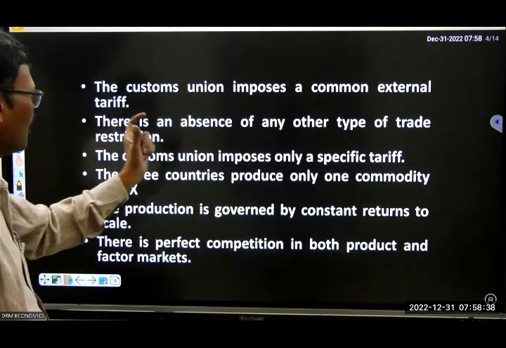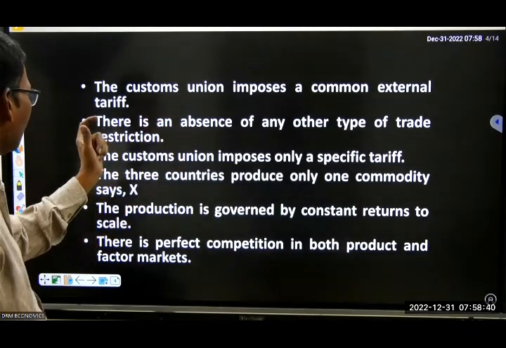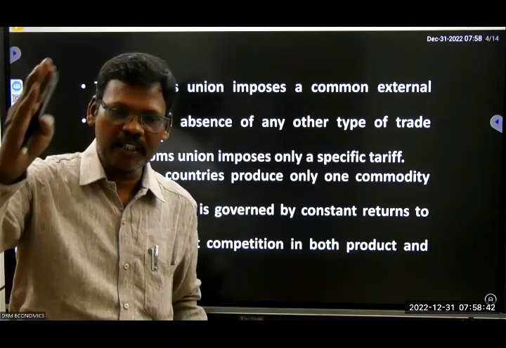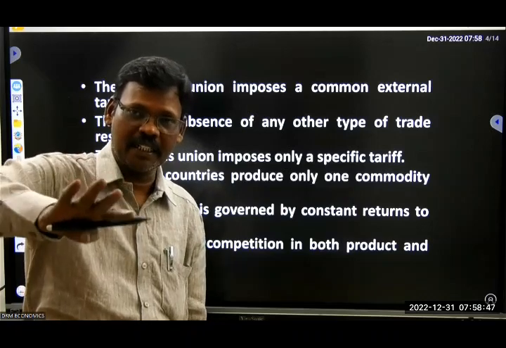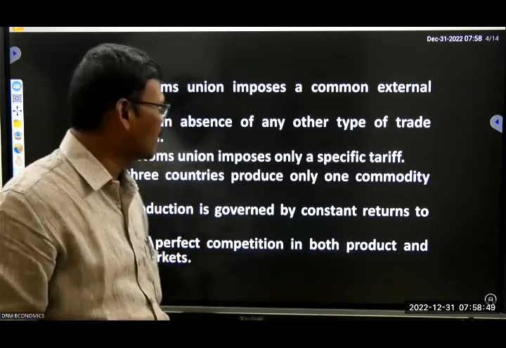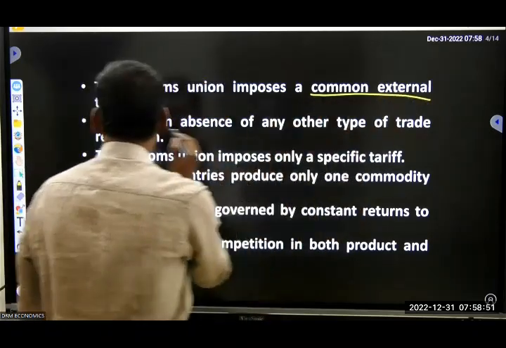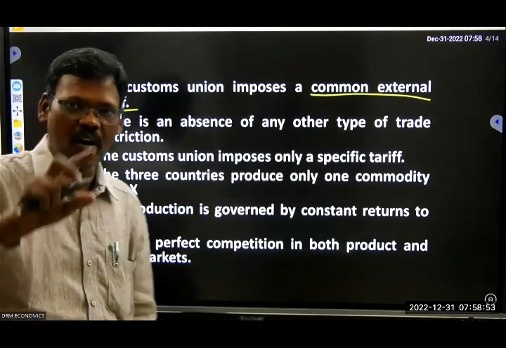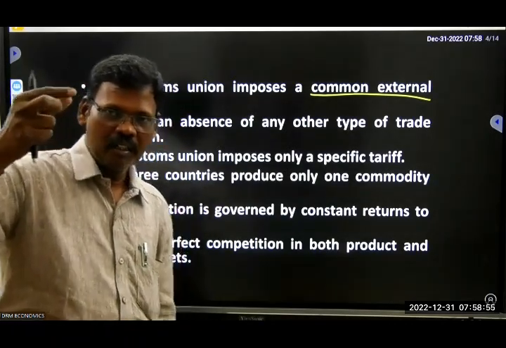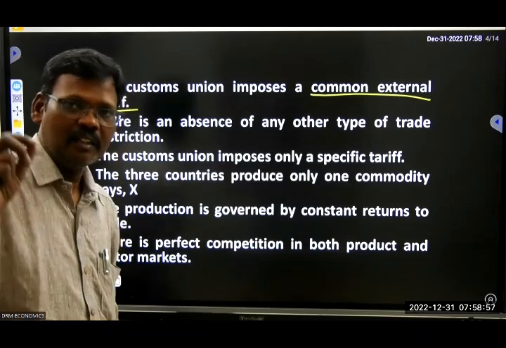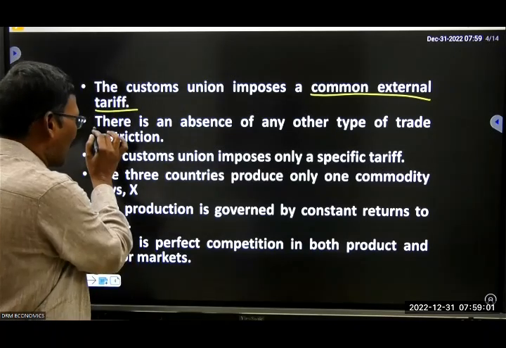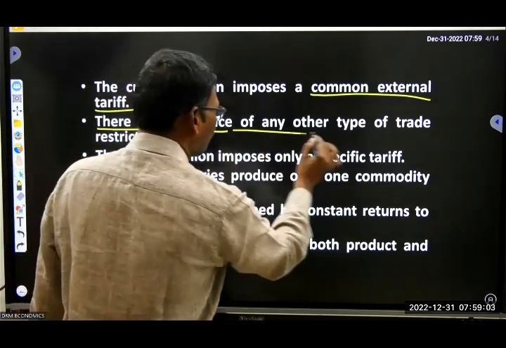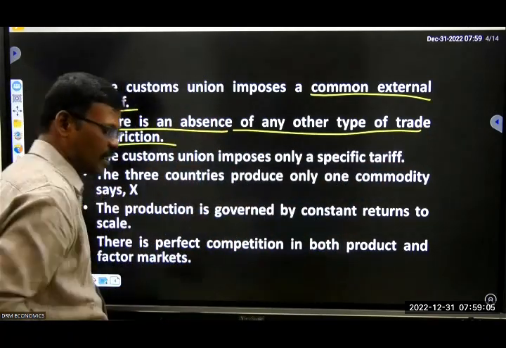And the customs union imposes a common external tariff. Whatever agreements you have between the countries, all of them have the common external tariff. All these countries have the same customs duties at the same rate, and there is an absence of any other type of trade restriction.